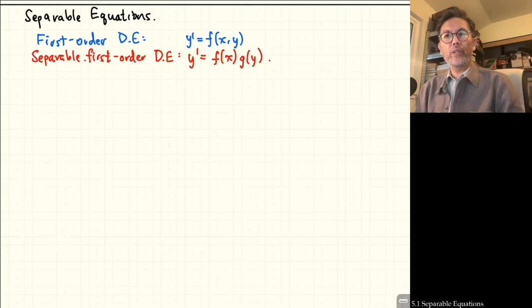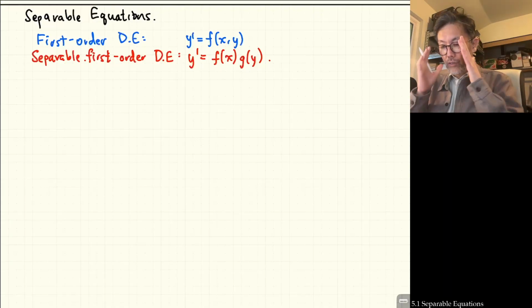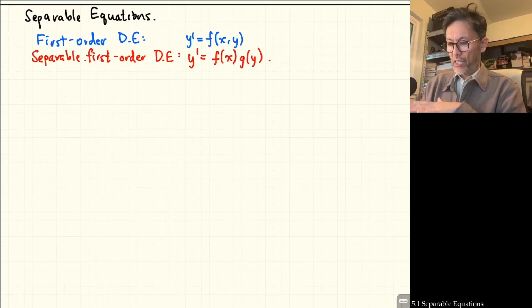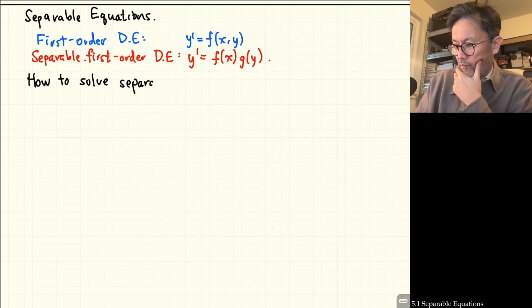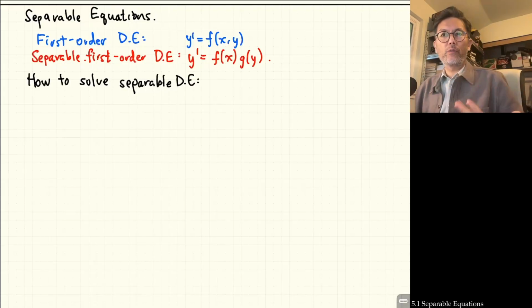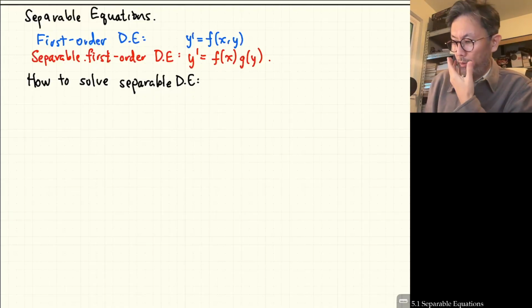But in this special case, we have techniques that we can bring to bear to solving this kind of differential equation. So I'm going to talk about how to solve such equations in general, and then, of course, we'll do examples. So how to solve separable differential equations?